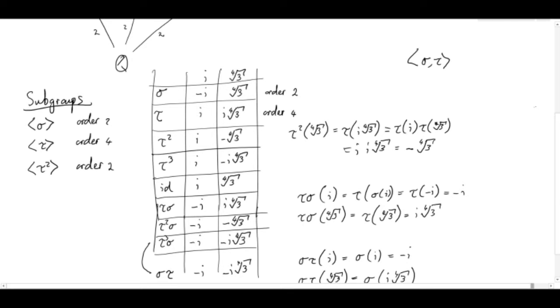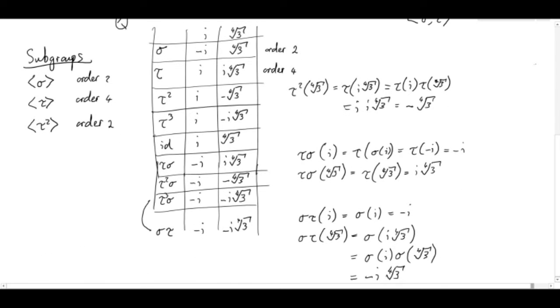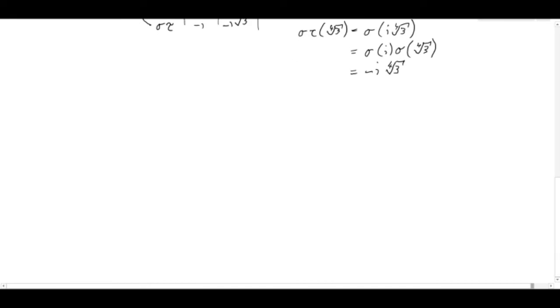So let's see if we can fill in these subgroups on the other side of this diagram. So what field is the fixed field under sigma? Well, again, the most systematic way to go about it is to show how sigma acts on a basis. So what is a basis for this big field over Q?